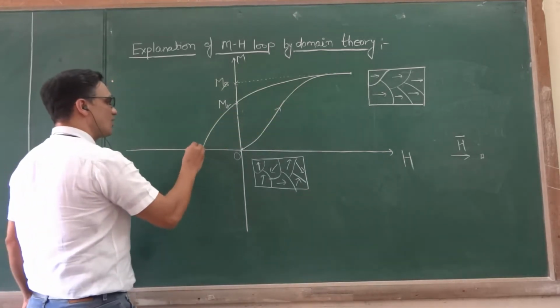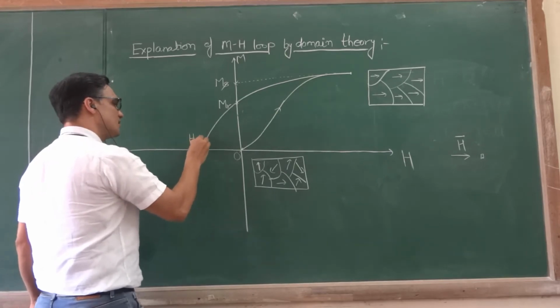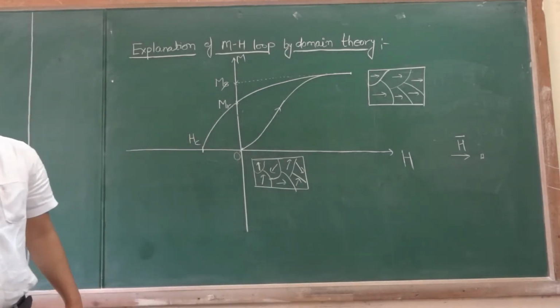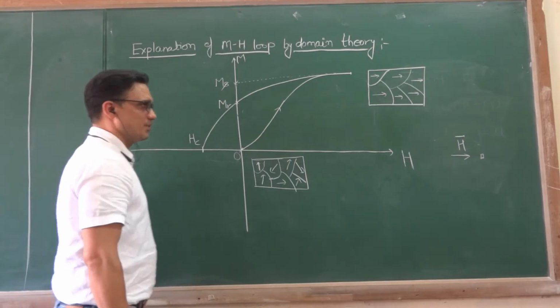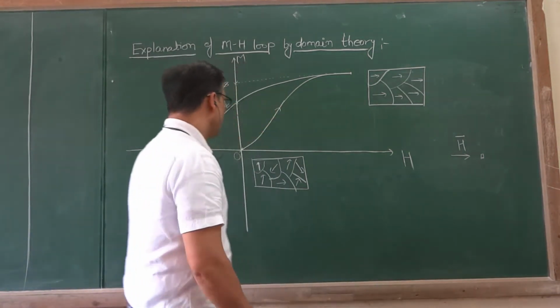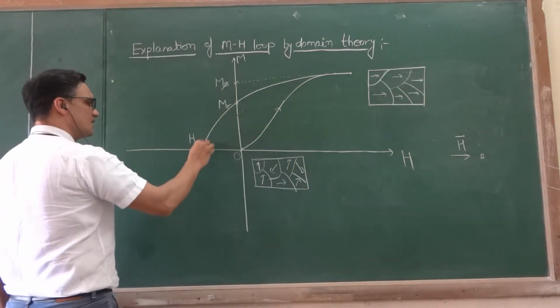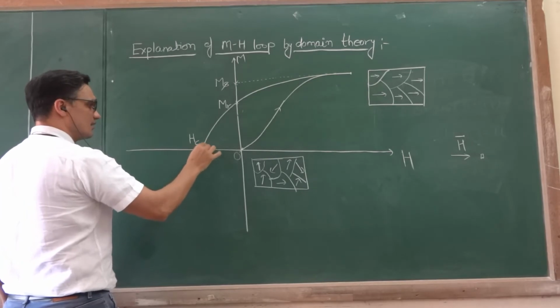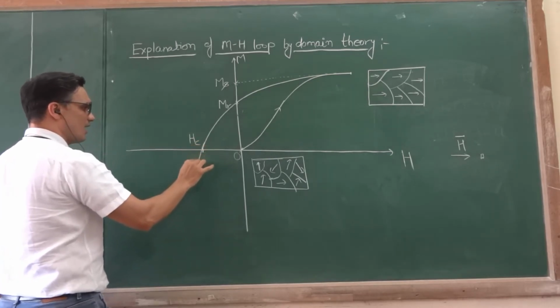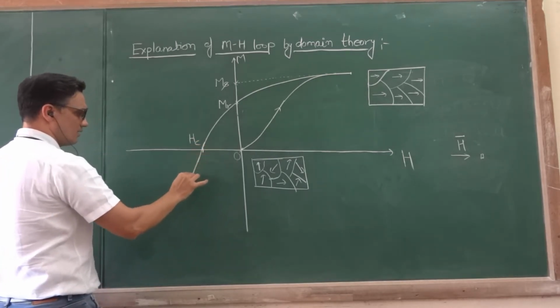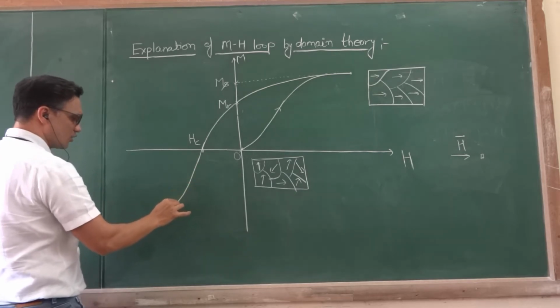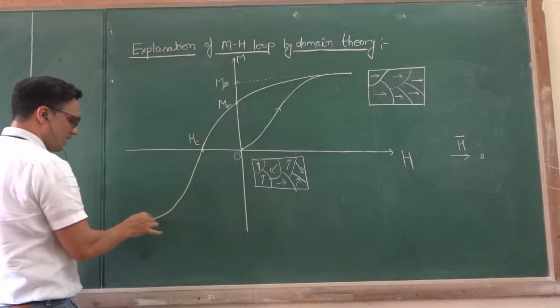This point, where the curve cuts the x-axis, is called the coercivity. Now, if you further increase the magnetic field in the opposite direction, your specimen will start to align in the opposite direction. So all the domains now start to align in the opposite direction.